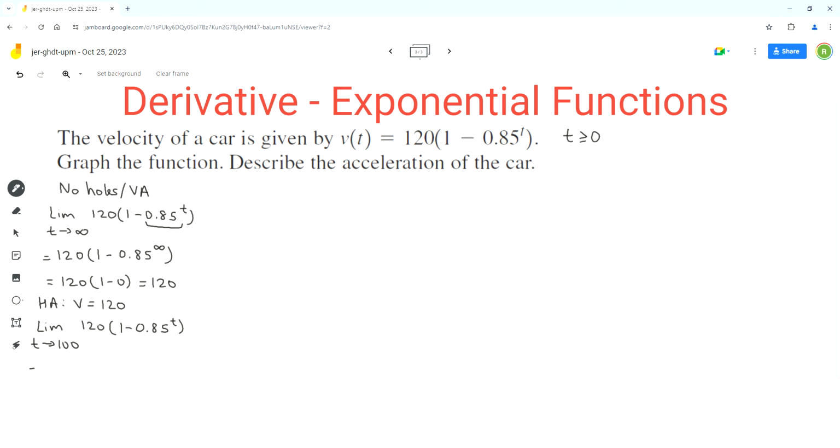So we can apply the limit. 0.85 to the power 100 is equal to 0.000, and then we subtract that from 1. So I got 0.999.